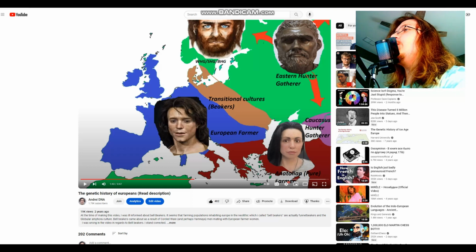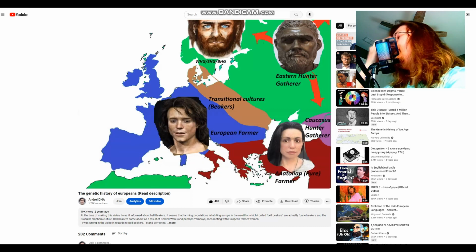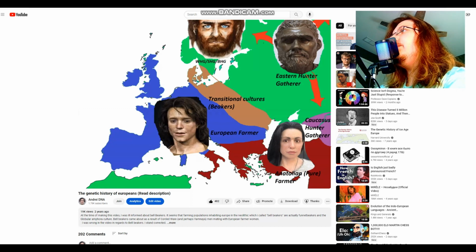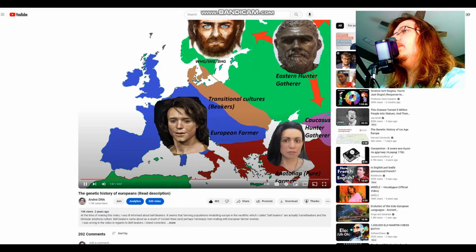For something to be a transitional culture, it has to incorporate elements of hunting and gathering and farming together. In their case, their society was entirely sedentary, entirely farmer. These locations are exactly Anatolian farmers, so they don't have almost any hunter-gatherer admixture.